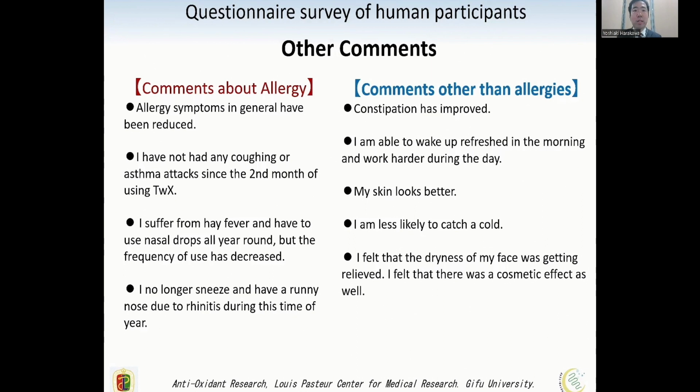In particular, several people reported improved morning wakefulness, skin condition, and less chance of catching a cold. Since high levels of oxidative stress can impair sleep, skin, and body immunity, the results suggest that the antioxidant potential of 20X may have improved all of these factors at once.